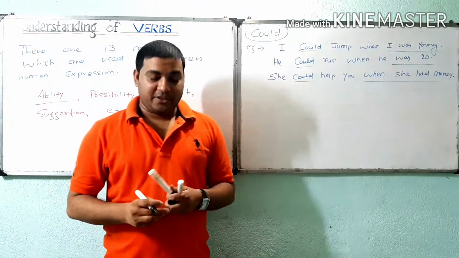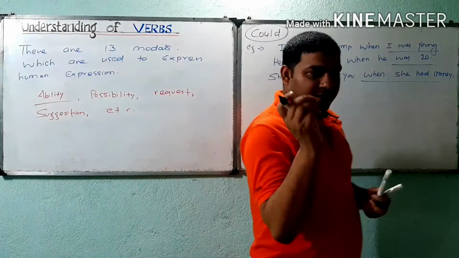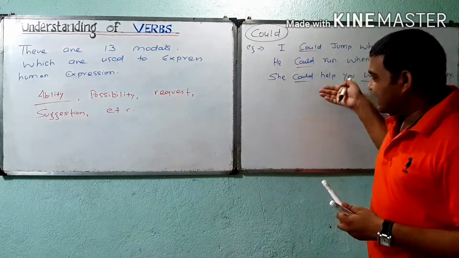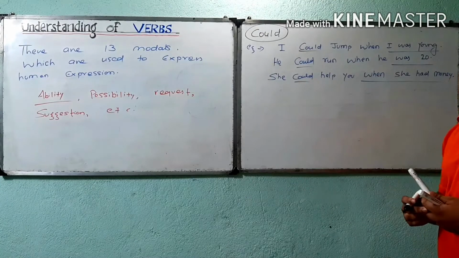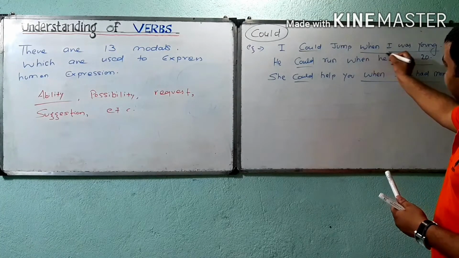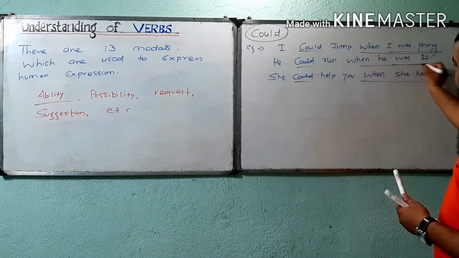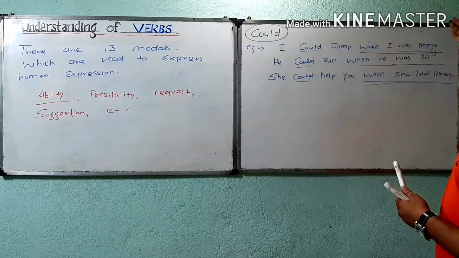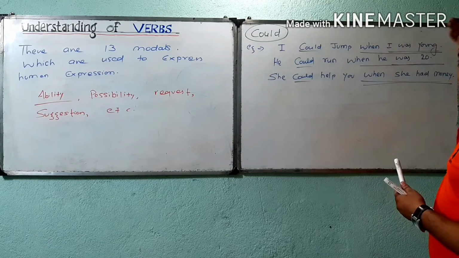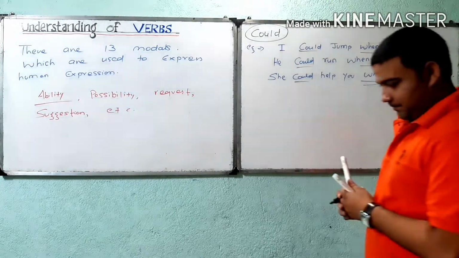But let me tell you, there is one thing common in these three sentences. And what is that? That is a past reference. See here, past reference. When I was young, when he was 20, when she had money. Correct?